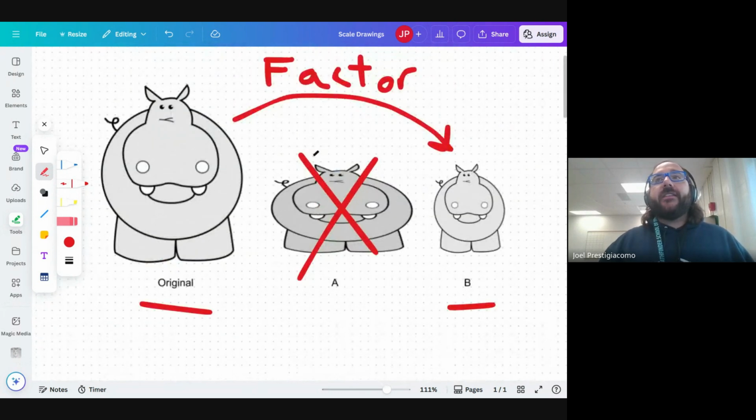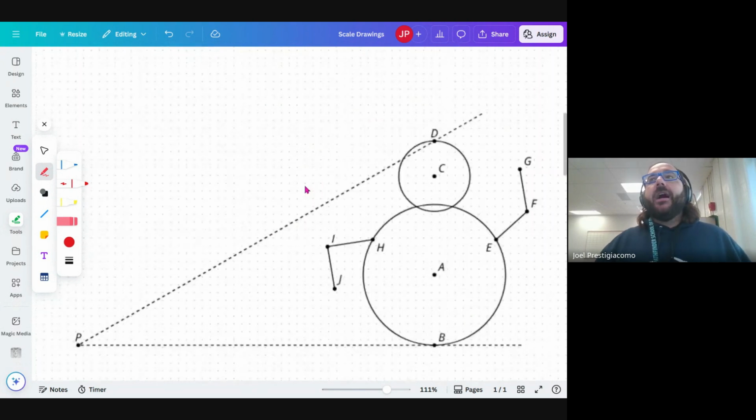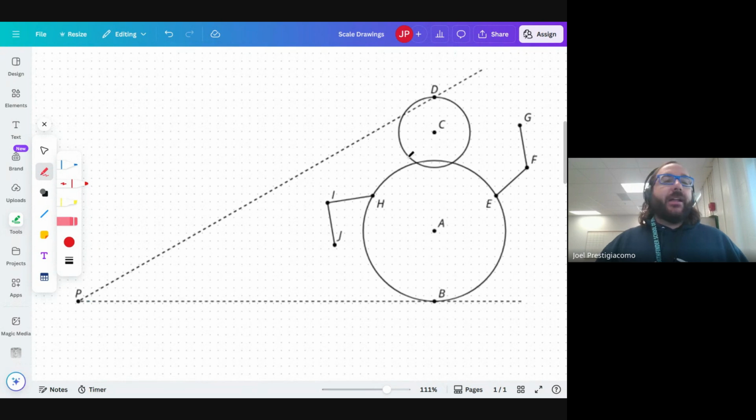Let's say we do a scale factor of 1/2, for instance. Let's say this hippo is exactly half the size of the original. And the way that we would do this is by taking every point and bringing it half the distance back to where it was before.